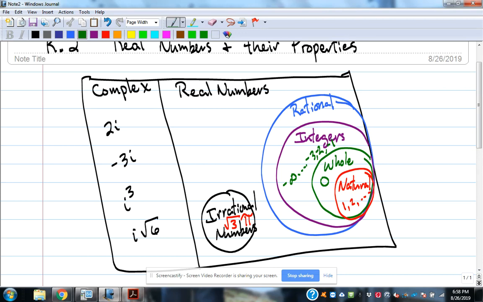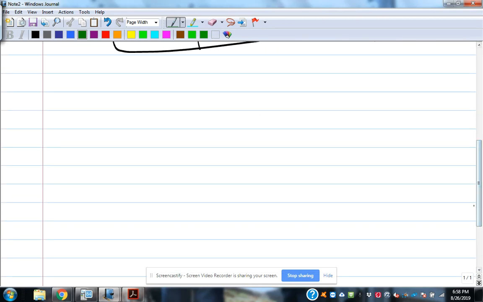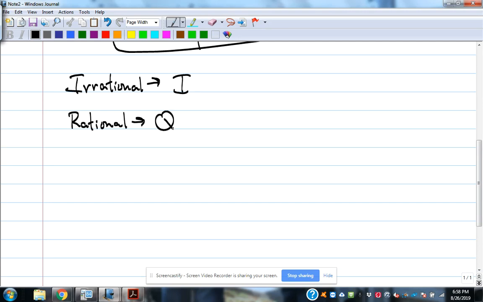Now, each one of those has an abbreviation. So the irrational numbers, that's a capital I. The rational, that's a Q. It makes sense to think about it this way: rational numbers are fractions.